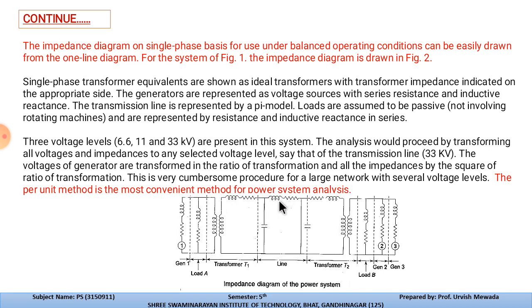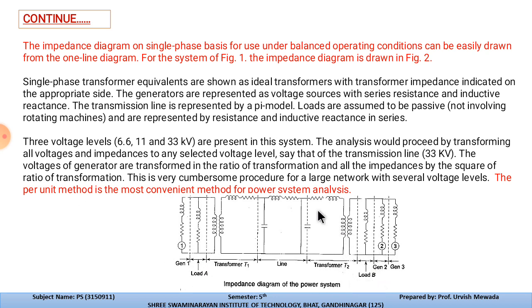And the capacitances connected between lines or line to ground are indicated, and this is the transformer on either side. These are the impedances of generators 2 and 3. This is the impedance of generator number 1. And the load connected over here is load A, and the load connected over here is load B.